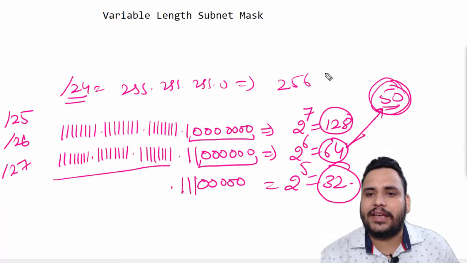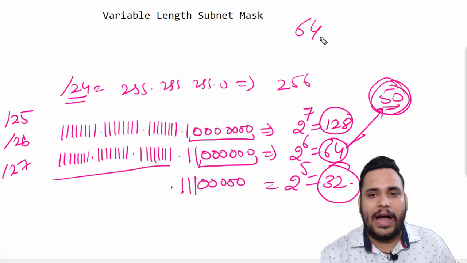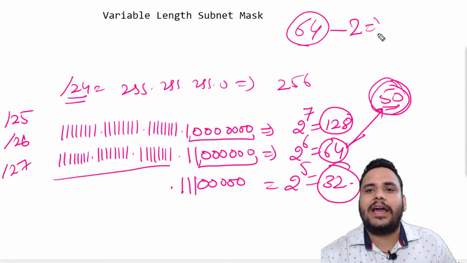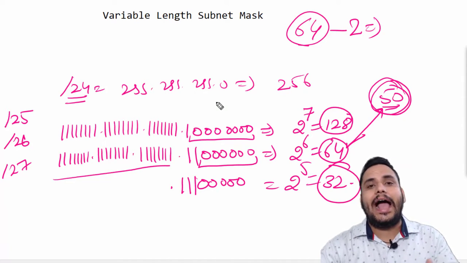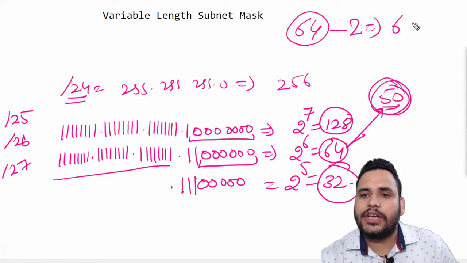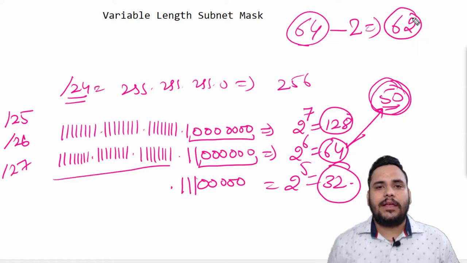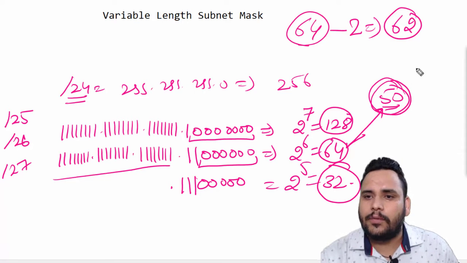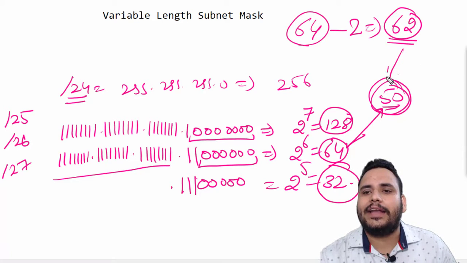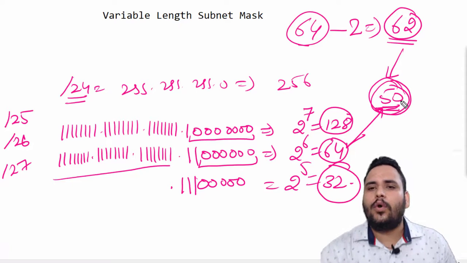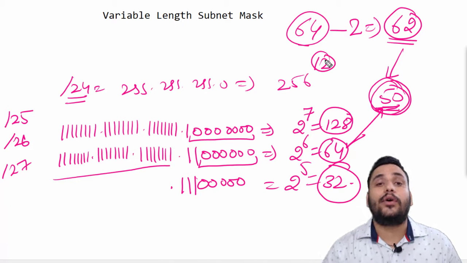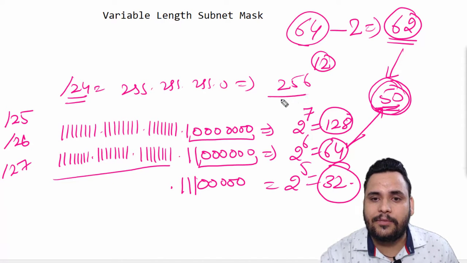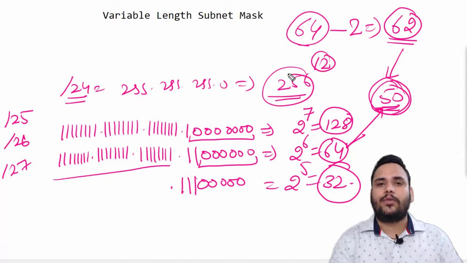Now if I am using 64 IPs, 2 IPs are reserved for network ID and broadcast ID. So 62 IPs are valid IP addresses that I can use in my network. So in 62 IPs I can choose 50 IPs. So only 12 IPs are going to waste instead of 206 IPs from the default network.